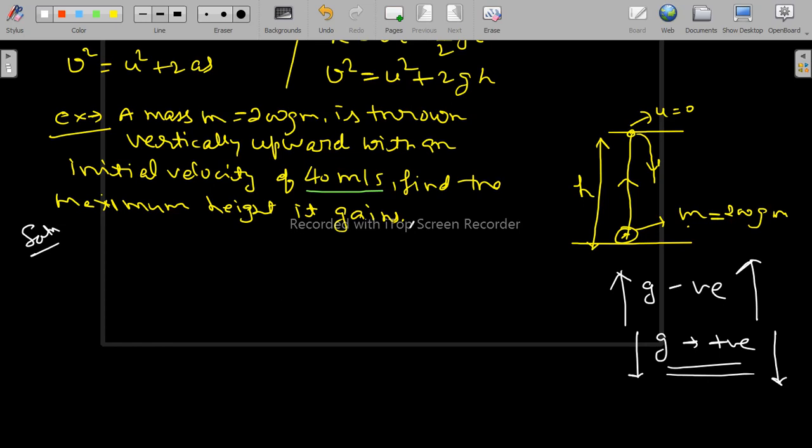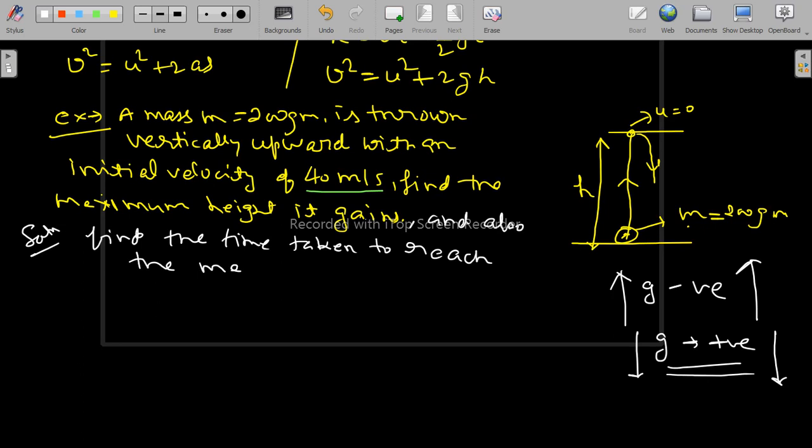The first thing is that you have to find the maximum height it gains, and also find the time taken to reach maximum height, that is, how long it will take to reach the maximum point.